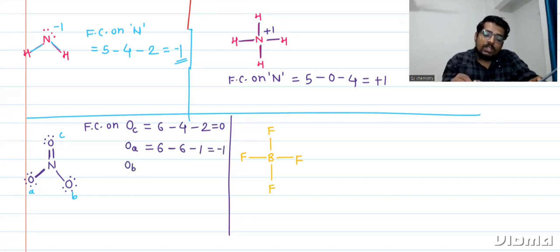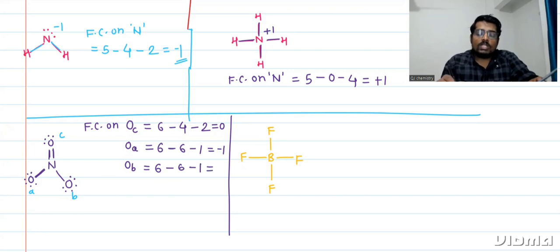Similarly, find the formal charge on oxygen B. Valence shell electrons 6, minus number of dots on oxygen B, 6, minus number of bonds, 1. So the formal charge on oxygen B is minus 1. Find the formal charge on the central nitrogen atom.